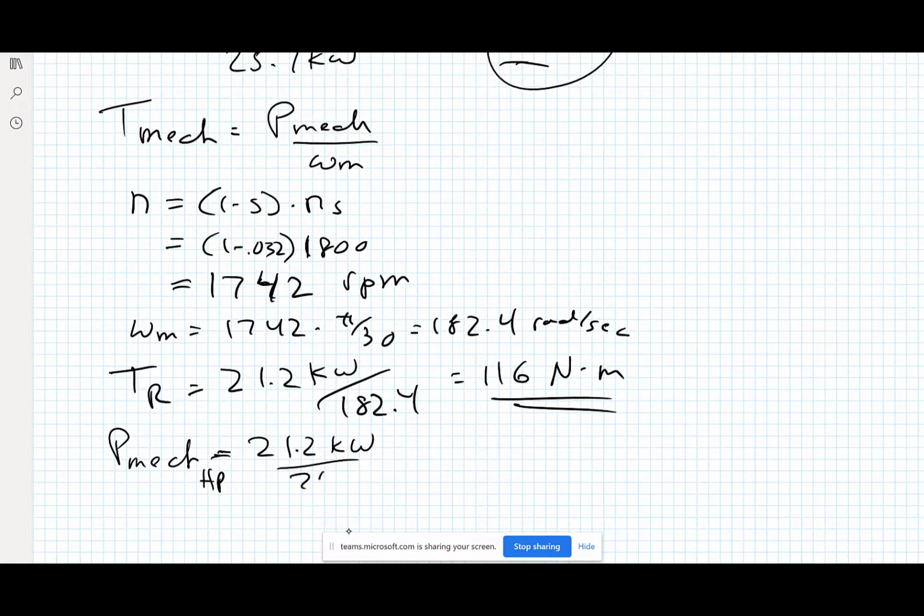I'm going to divide it by 746, just to give me an idea of the horsepower rating of the motor. If I had to buy it in the 1970s, definitely it would give me this. The rusty nameplate would possibly have that. Today, they use kilowatts more often, especially outside of the United States. So that's a 28 horsepower motor.